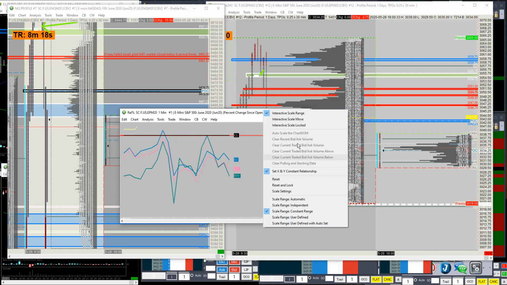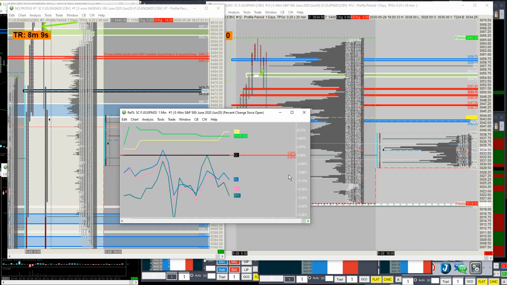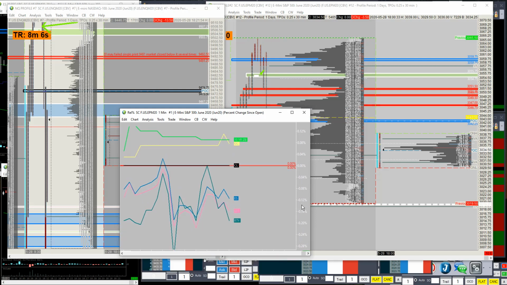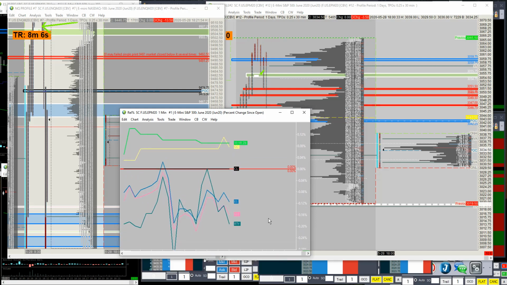And to be honest with you, the best market indicator that exists, I think, is the Russell. I don't trade it, very low liquidity, but if you want to have a good bias on what's going on, so this is a relative percent change chart where I have this green here. It's the 10-year bonds.